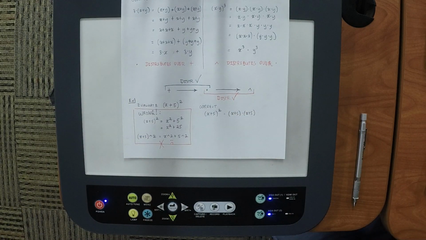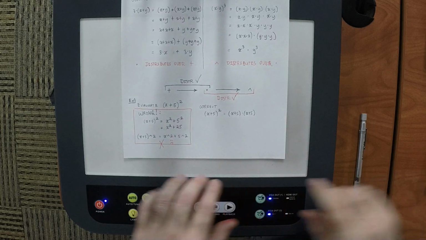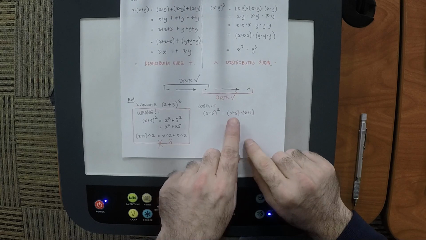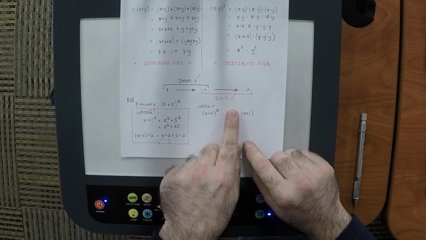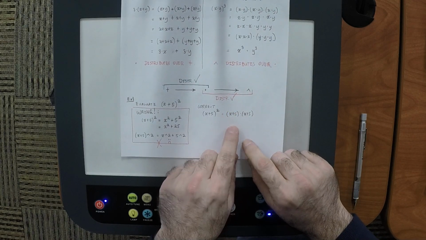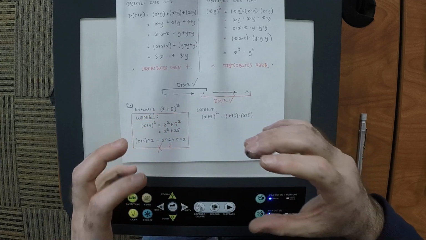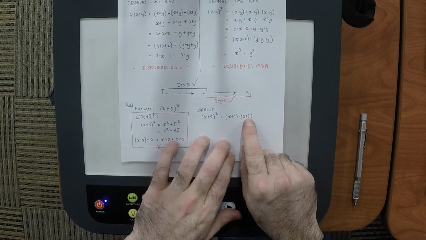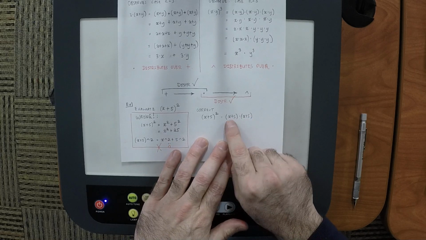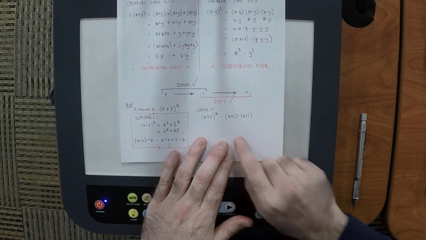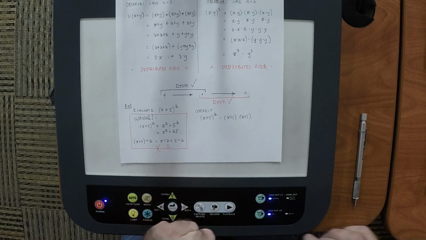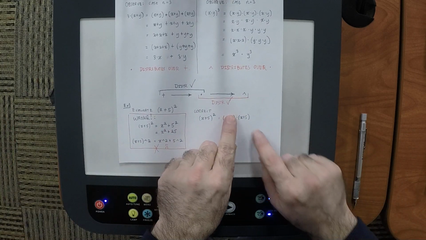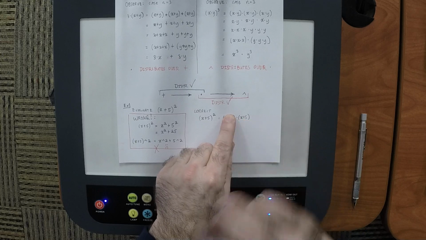Now, we want to be able to do this. And the way that we're going to do it is we're going to consider the parentheses to be like a box. We can see inside the box is an x plus 5 for that one, and inside the box is an x plus 5 for that one. But we're only going to peek inside one of the boxes. So maybe we can peek inside that one, but what's in here is anybody's guess.